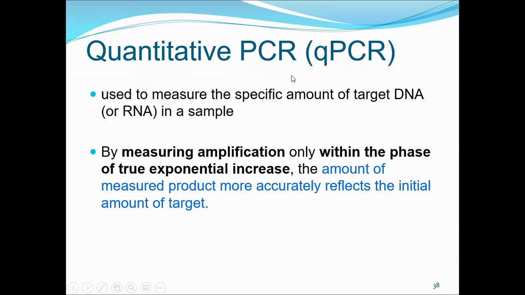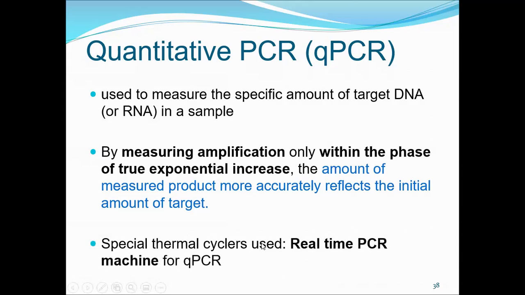So in the exponential phase, there is an increment in the number of copies of the DNA. So usually the amplification or the amount of product is measured at the exponential or the log phase rather than the end stage or the stationary stage.